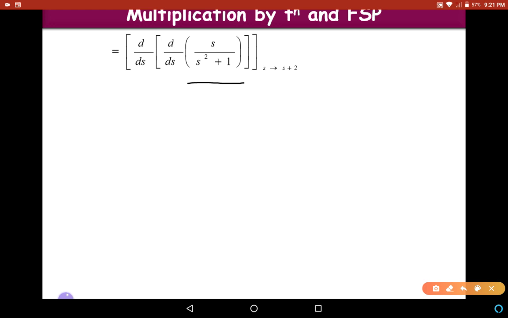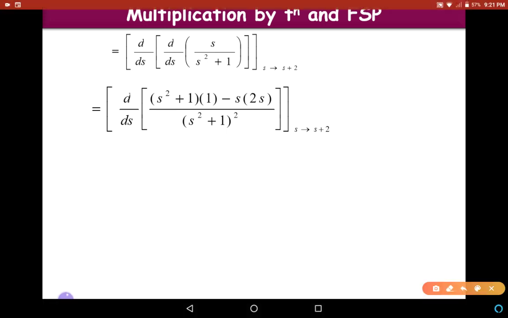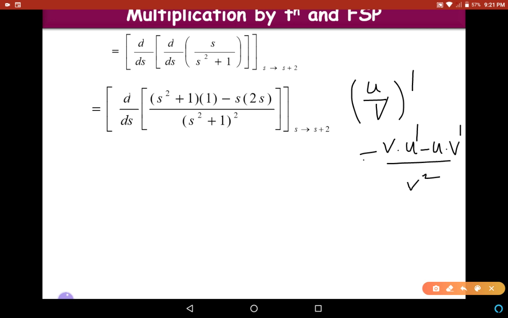d by ds of s by s square plus 1. We use the derivative of u by v rule, which is d by ds of u by v equals v into u dash minus u into v dash by v square. u is here s and v is s square plus 1.